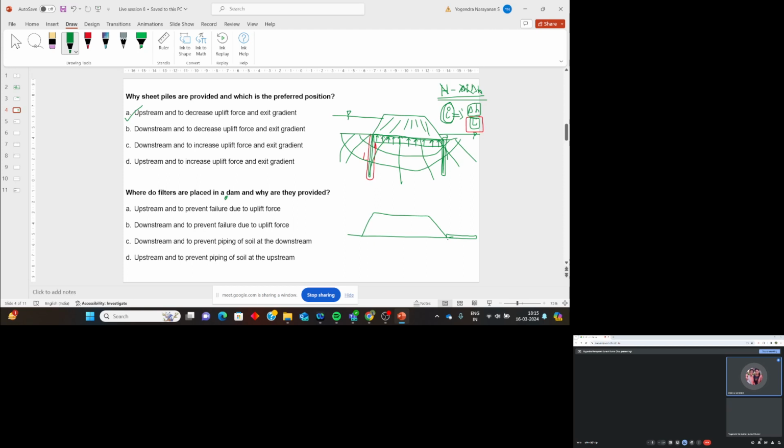Why will they reduce the exit gradient? Filters are essentially exposed to atmosphere. Under atmospheric condition, water will start flowing and they are highly pervious. So there will not be a piping failure, which would proceed like this.